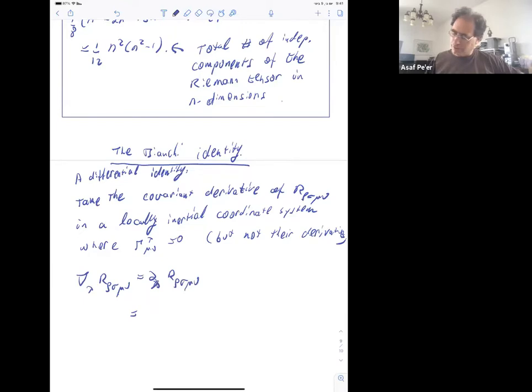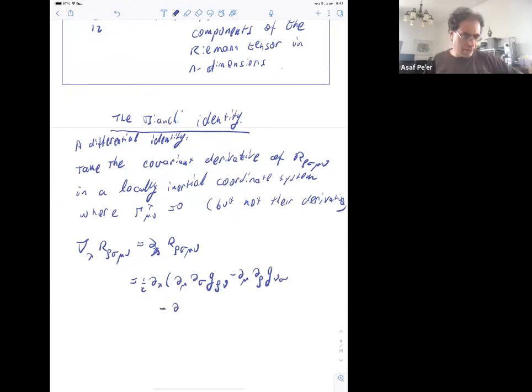So we're left with 1/2 d lambda d mu d sigma g rho nu minus d lambda d nu d rho g mu sigma, minus d lambda d mu d sigma g rho nu, plus d lambda d nu d rho g mu sigma.